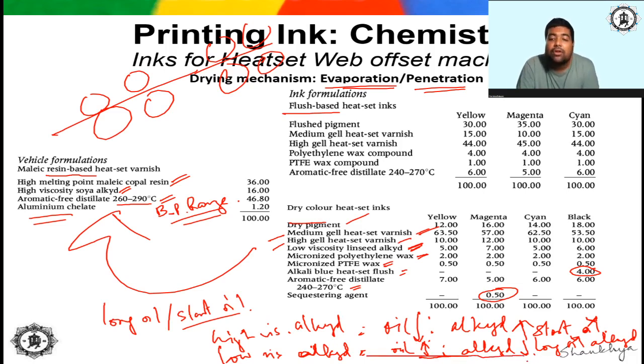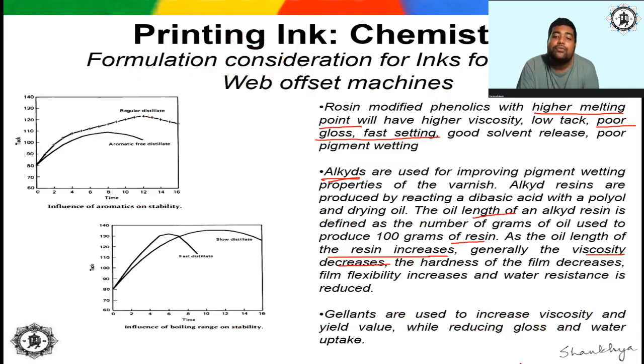So this is known as a long oil alkyd, and the viscosity for that type of alkyd resin will decrease because the oil component is high. For such alkyd resins, the hardness of the film decreases and film flexibility increases because it is lower viscosity. Water resistance is also reduced, so water uptake increases. This is another problem you can say for alkyd resins.